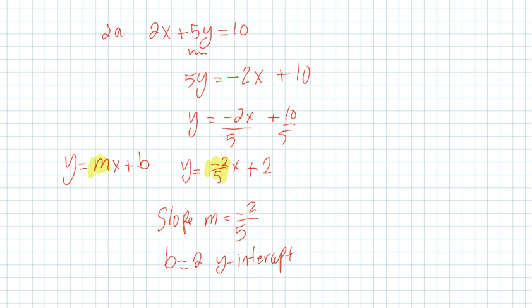So what I did is I went from this to y equals mx plus b by just moving stuff over, isolating for the letter y. Are we okay with this? Good.